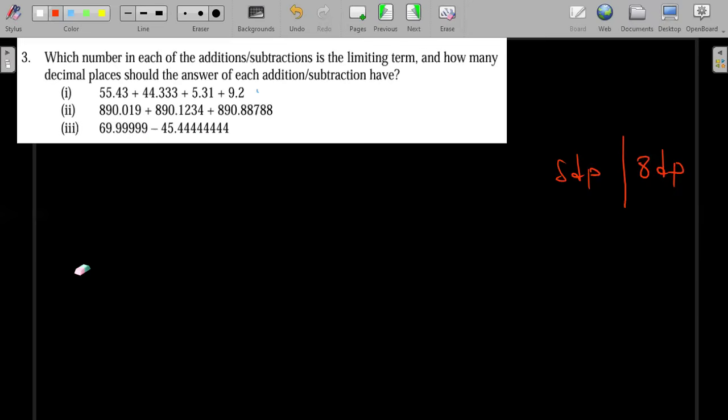So I have 69.99999 plus 45 point, and then I have 8 fours there. How many fours? 1, 2, 3, 4, 5, 6, 7, 8. Okay, so what I'm getting when I add those two is 115.44444, and then I have 3, and then 444.